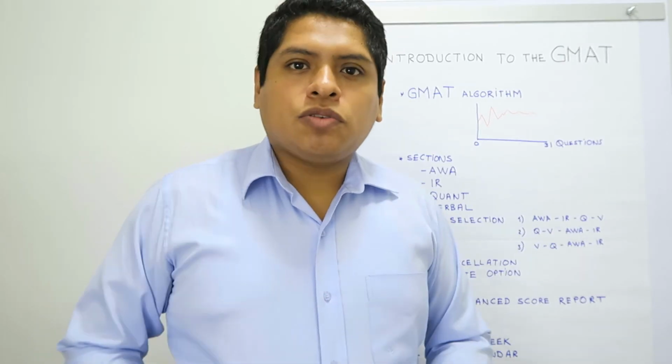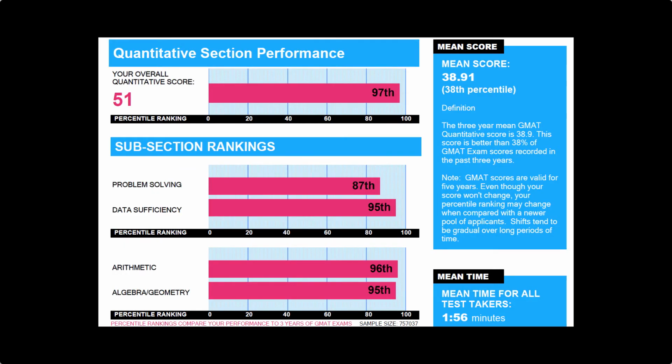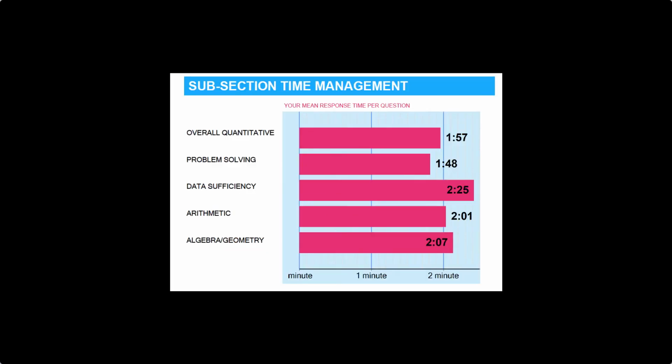Actually, I'm going to show you right now on your screen. What you're looking at is my enhanced report from when I took the exam. I'm only showing you math because I'm good at math and not so good at verbal. In the section about the types of questions, you can see how you performed in data sufficiency and problem solving, and the times that you took.